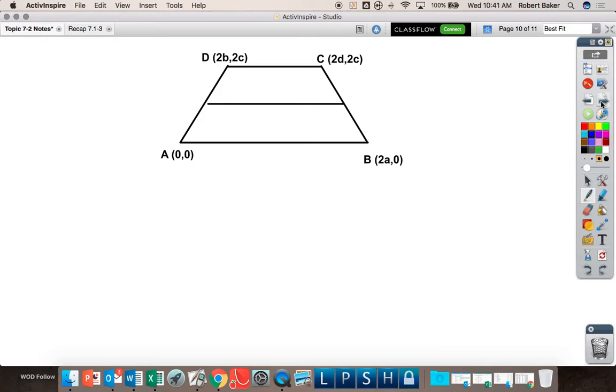So this is the last part of coordinate geometry. We're gonna do some proofs with this.